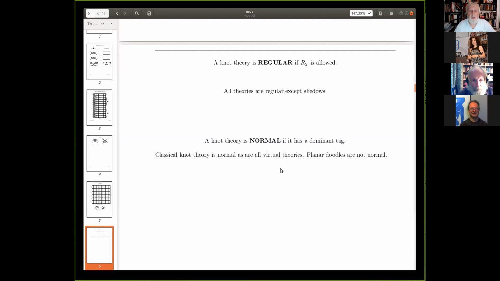Now, a knot theory is normal if it has a dominant tag. So classical knot theory is normal, as are all virtual theories.